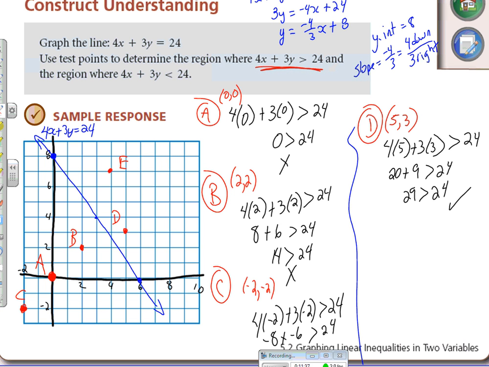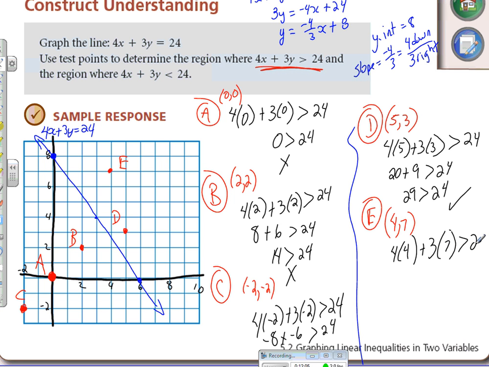Let's try point E. Point E was at, we chose 4, 7. All right. Let's plug that one in. 4 times 4 plus 3 times 7.